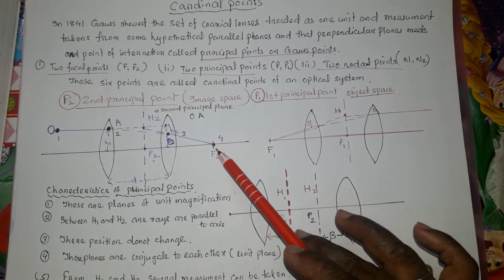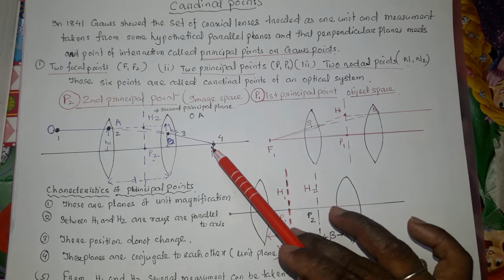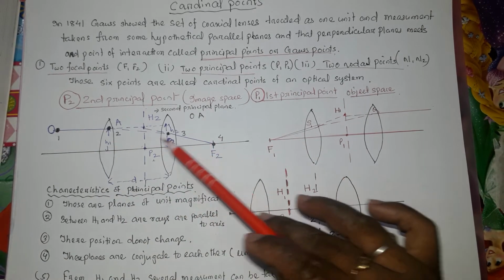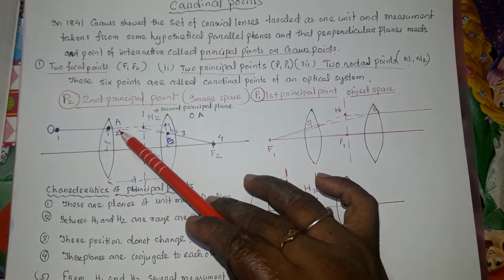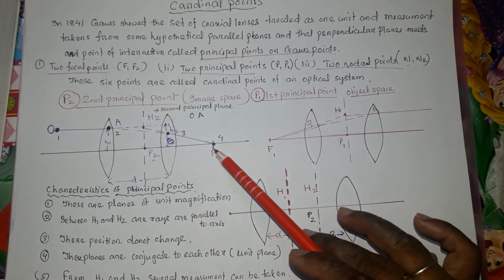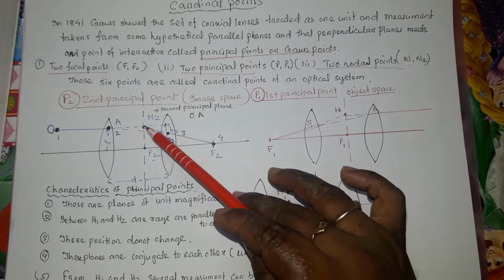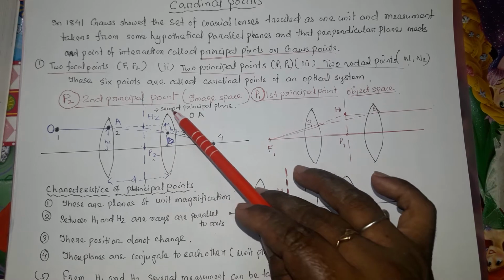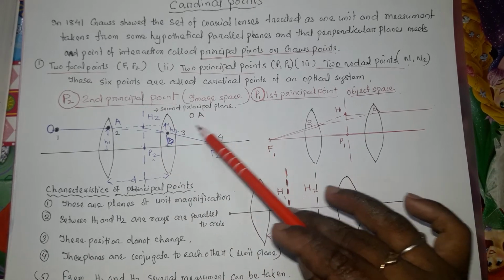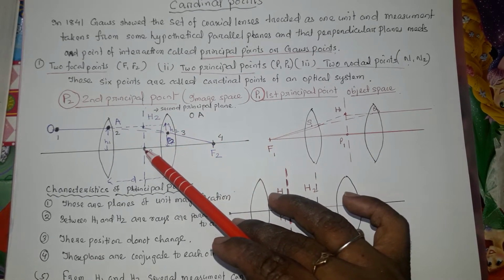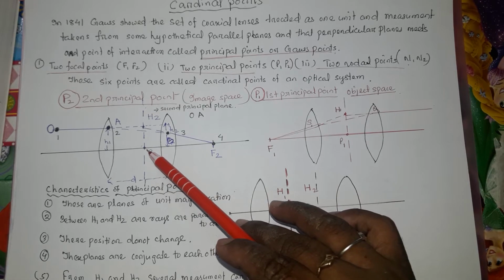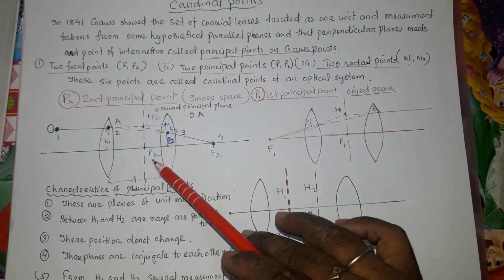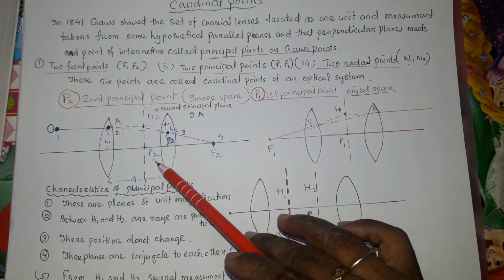F2 is the focus point of the ray coming from O. If I extend OA like this and extend BF backward like this, they meet at an imaginary plane called the second principal plane, and this second principal plane intersects the principal axis at a point called the second principal point P2.